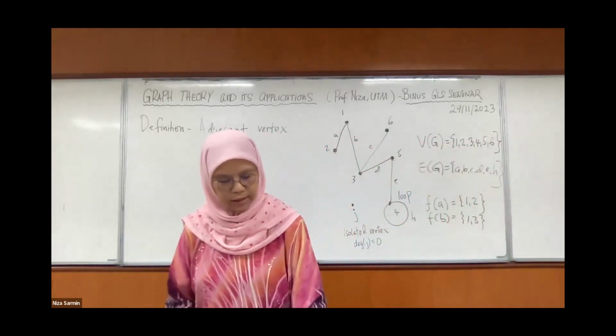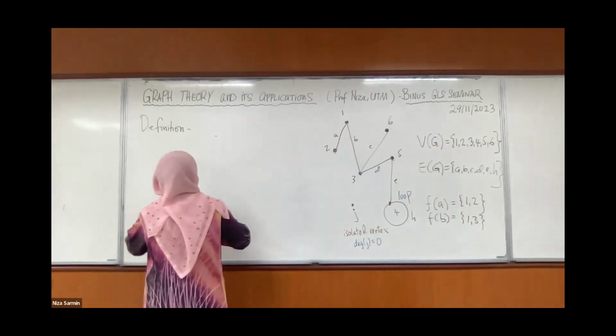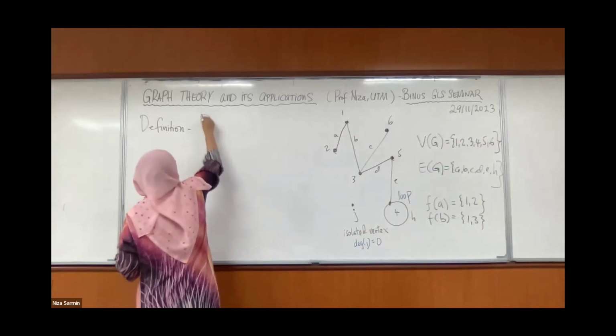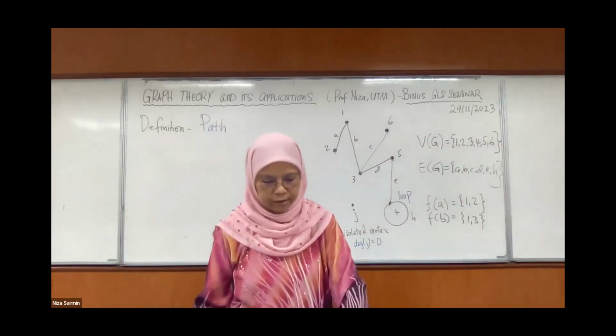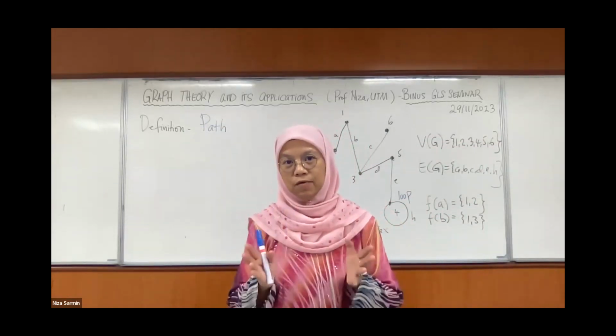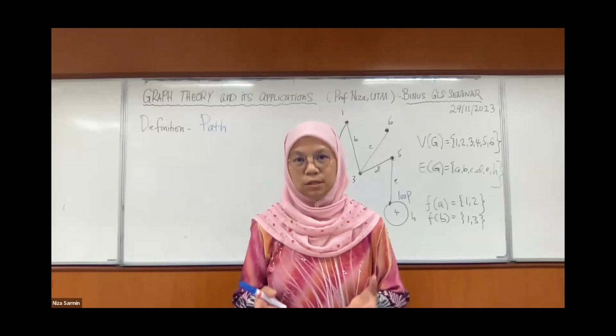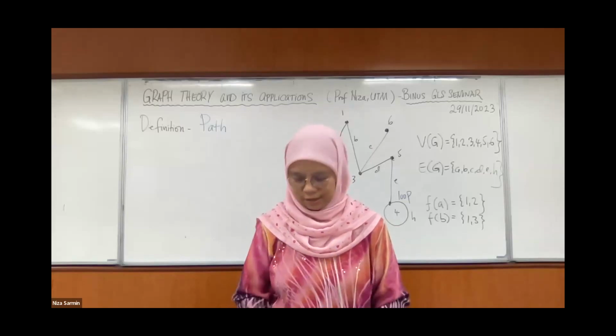Now, next is a path. What is a path? A path in a graph consists of a sequence of vertices and edges.